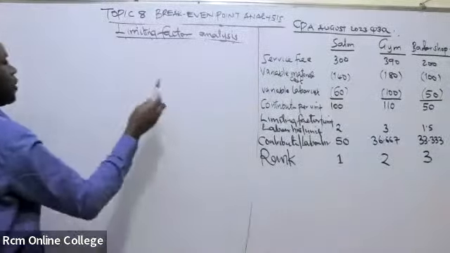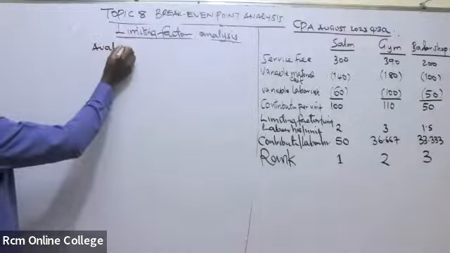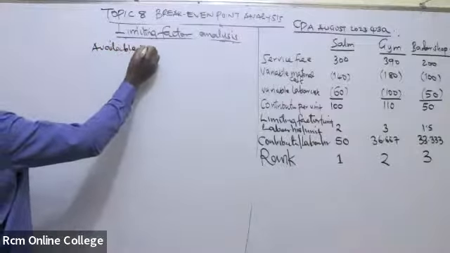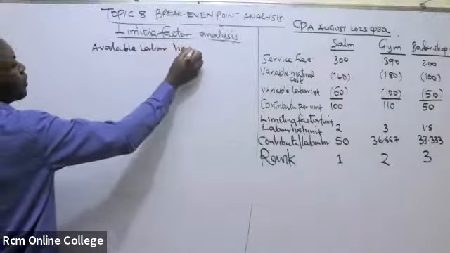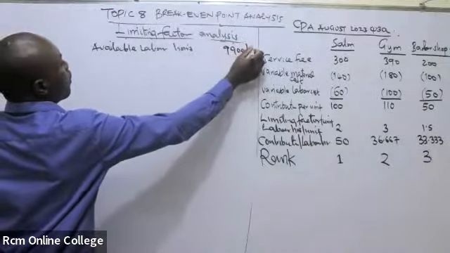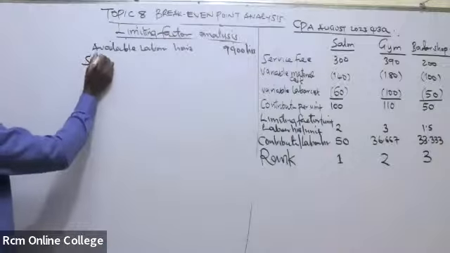So you have said that salon, we start with available labor hours is 9,900. Now that salon is the most profitable, we start with the salon.